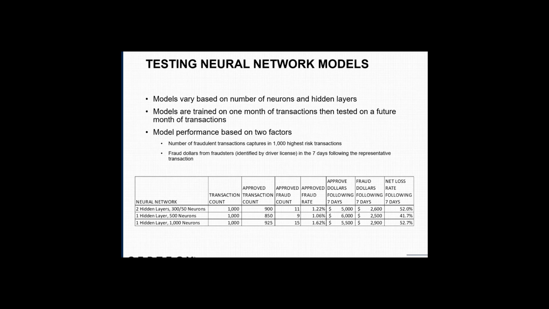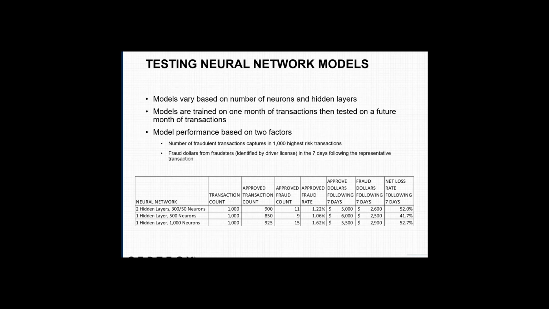So I took a different approach to testing neural net models. The Kolmogorov-Smirnov statistic still works. It's not typically what you see when people are measuring the performance of machine learning models. So what I did in this example is I tested various neural network models, altering the number of neurons and number of hidden layers here.